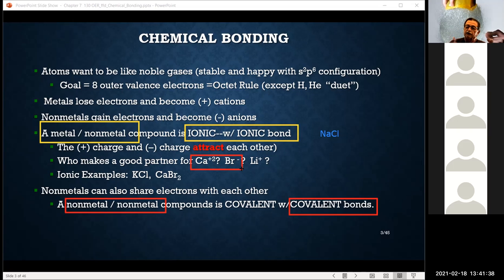Those guys will conduct electricity. Ionic compounds will conduct electricity because those are the ions. Those are the electrolytes that go into solution. That's why you need electrolytes in your body after you work out, because those electrolytes are what are conducting electricity and messages in your body.